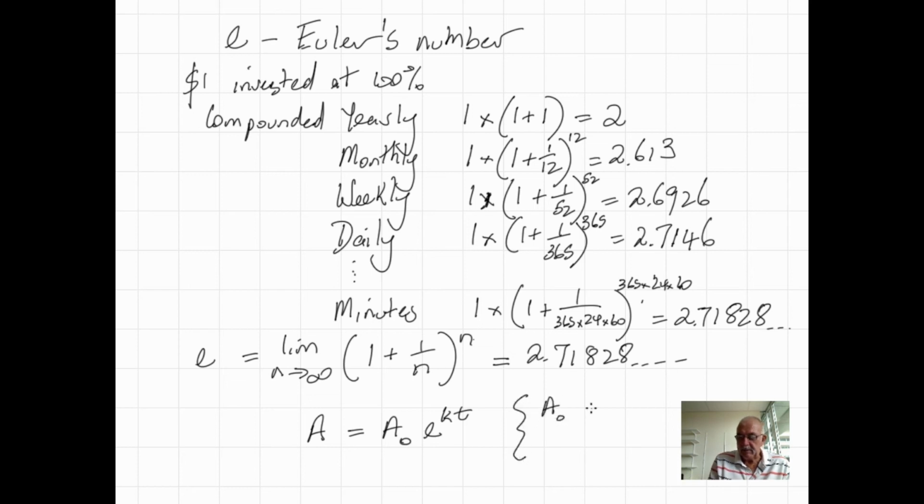A0 is the initial quantity. t is the independent variable, and k is the growth rate.